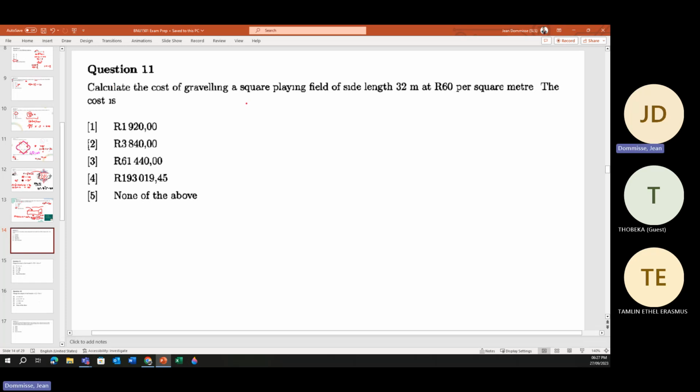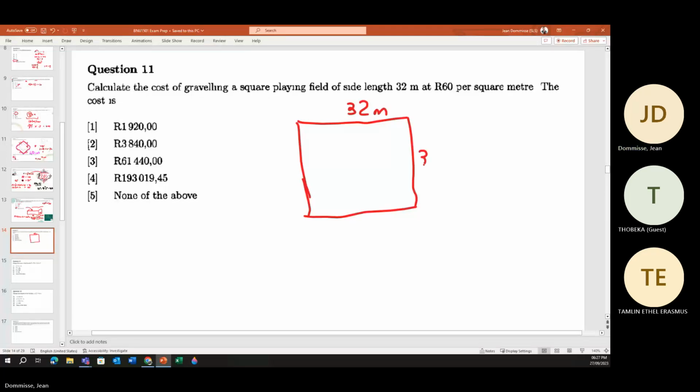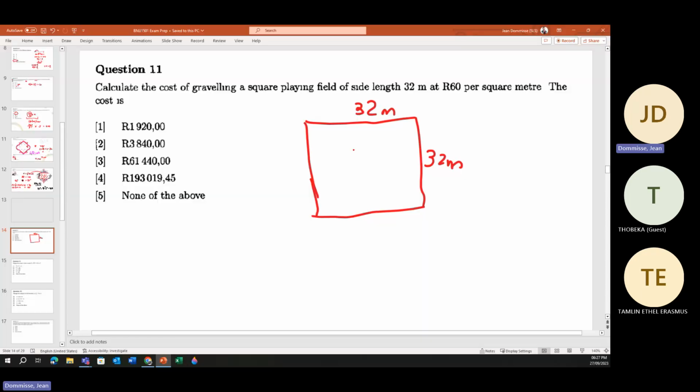question. Calculate the cost of graveling a square. Okay, so the length of a square is exactly the same as its breadth. So if the length is 32 meters, the breadth is also 32 meters. So we first need to work out the total area.